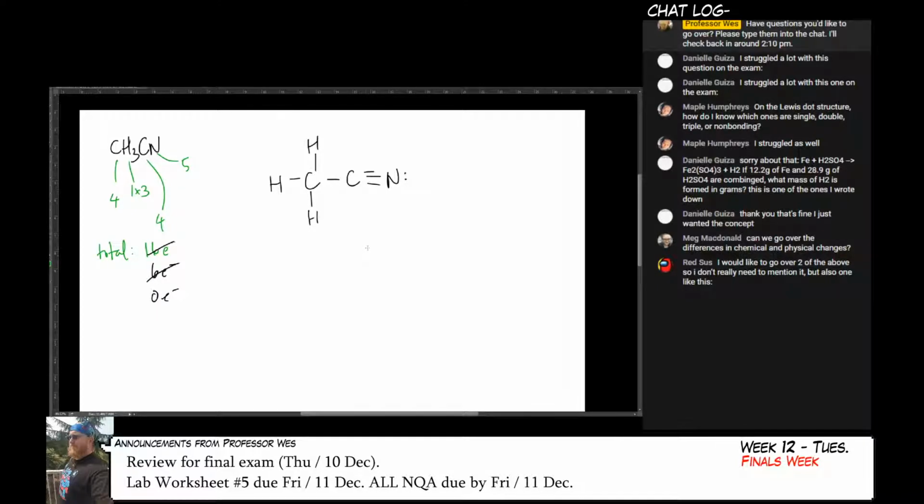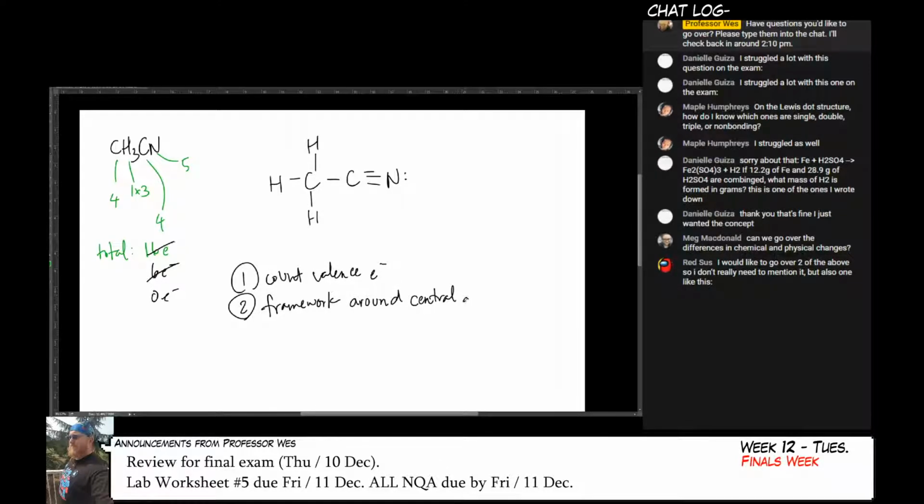But the general process for how you draw any Lewis structure is the same. So remember that the steps are: count valence electrons. And once you've done that, make a framework or a skeleton around the central atom. That's the worst letter C I've ever drawn.